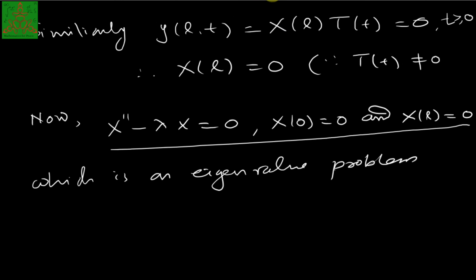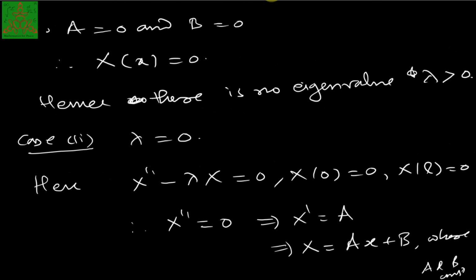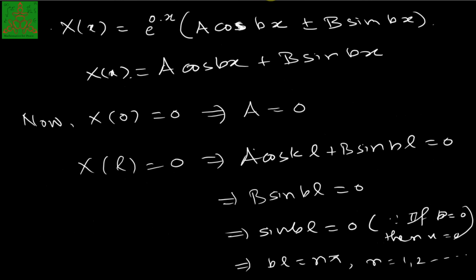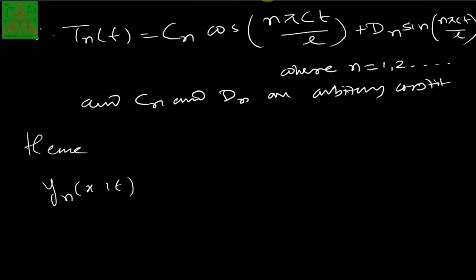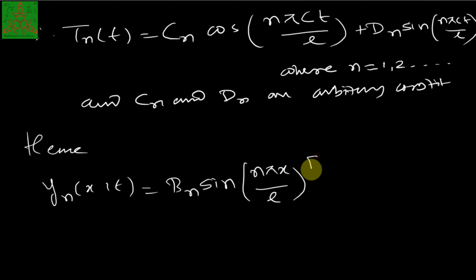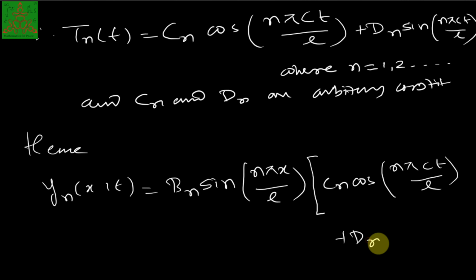So the solution depends on n, and the solution will be equal to Bn sin(n pi x upon L), that is the value of Xn we have obtained, and the value of Tn is this Cn cos(n pi Ct by L) plus Dn sin(n pi Ct by L).